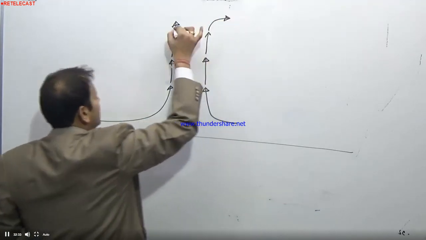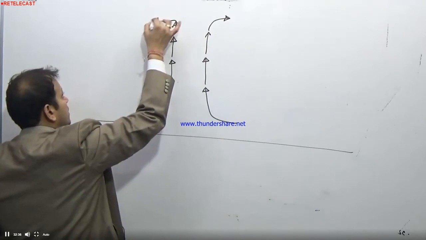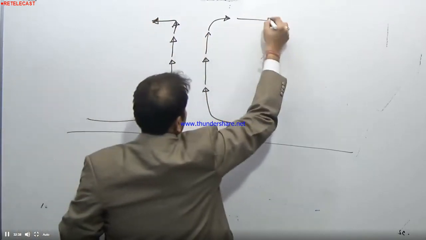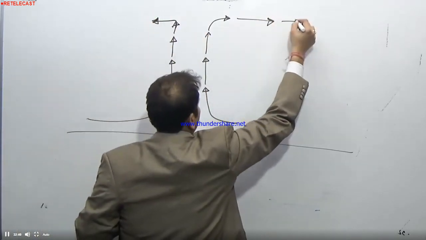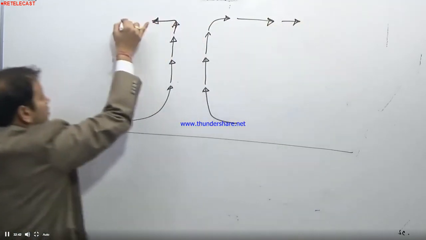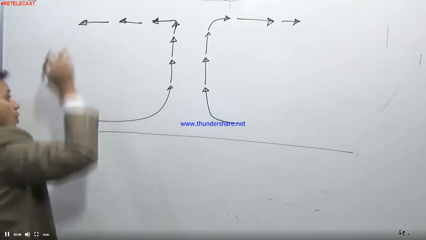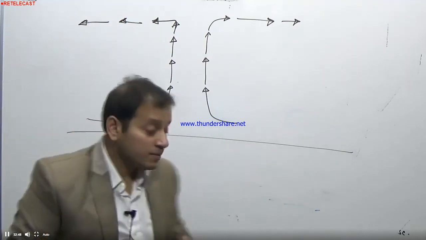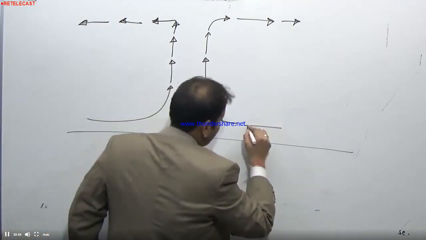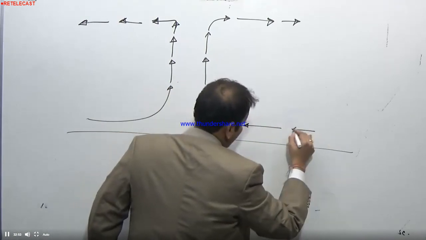It is this latent heat of condensation which gives energy to the tropical cyclone, and therefore one of the foremost conditions for the formation of a tropical cyclone is the presence of warm ocean temperature over 27 degrees Celsius.